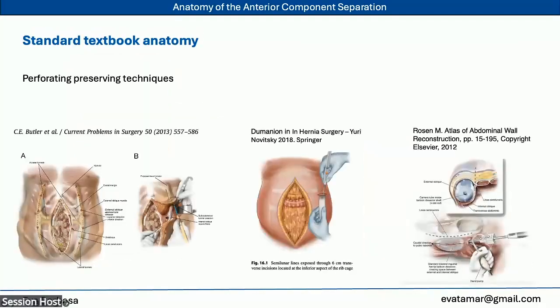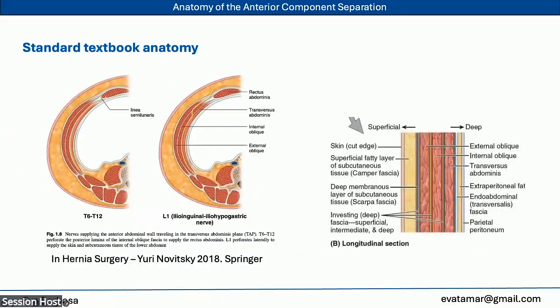So there are a lot of techniques that try to preserve the periumbilical perforators. But sometimes you cannot, because the skin is so far apart and the hernias are so big that you have to do some kind of dissection.